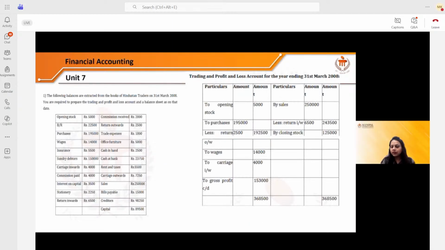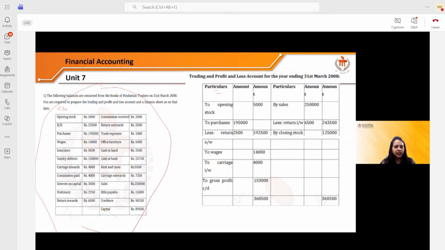Let me connect the digital pad. This is the question, right? And this one is the solution of the trading account, but don't look at the solution, just listen to me. In that question, one thing is missing, or I have not taken the screenshot clearly.